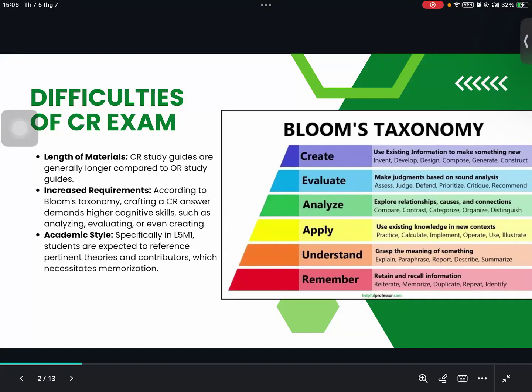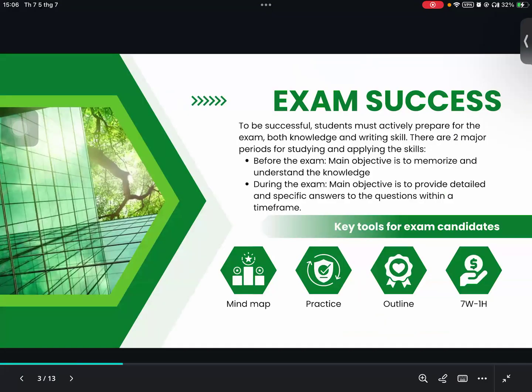The thing is, how can we overcome these challenges? I think that to prepare for the exam most comprehensively, you need to do that before the exam and during the exam. So for each period, we may have different approaches. While you are studying for the exam, the main objective is to memorize and understand and possibly apply the knowledge to the context or to different questions.